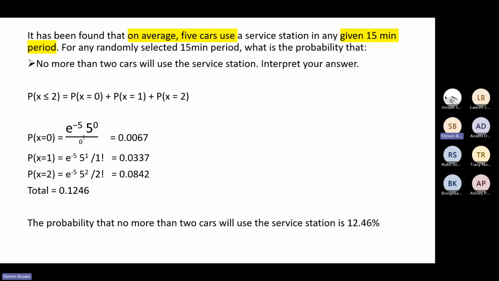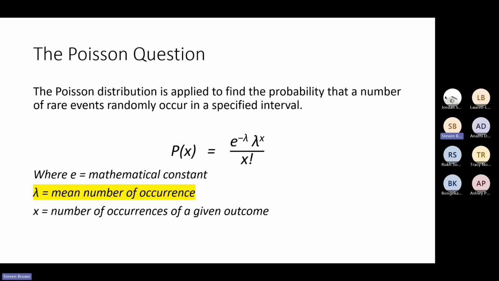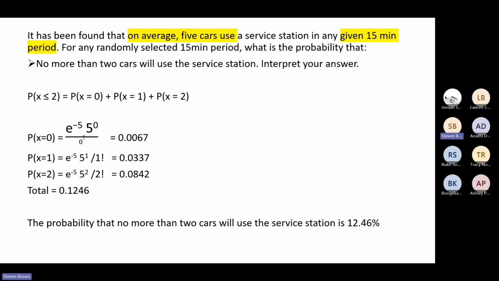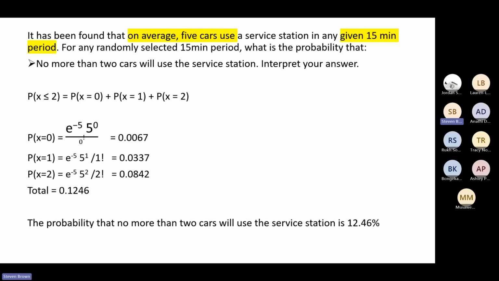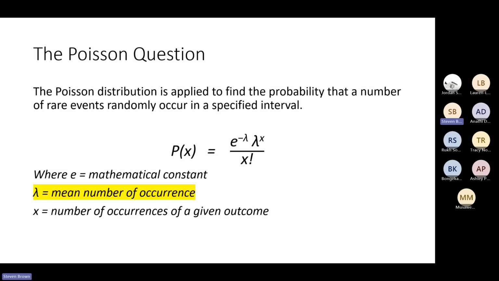So they're asking you on average 5. So immediately you plug into your calculator. There's your E. That's minus 5, class, because it was minus here. And then you've got your 5 there to the power of 0, which hopefully you all know is 1, all over 0 factorial. Why 0 factorial? Well, because you're starting with 0 people.